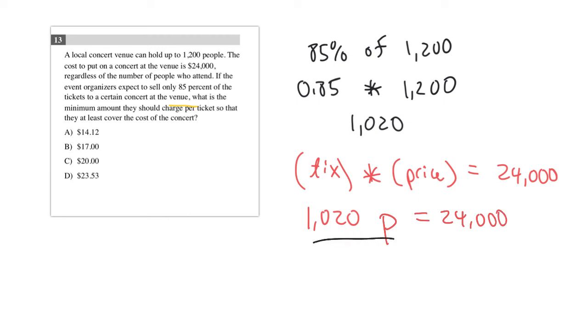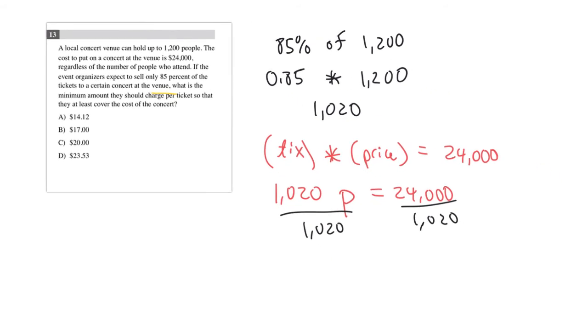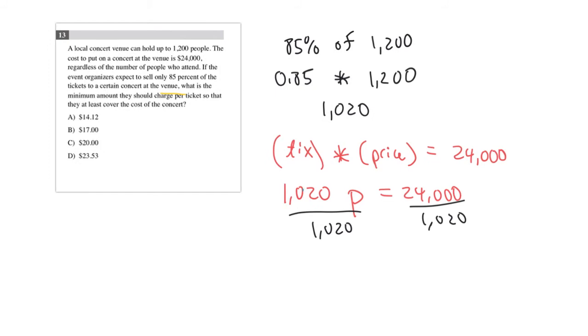And at that point, you can divide both sides by 1020. And of course, that would cancel those. And then we have P equals 23.529411, and it goes on into decimal land. That's what we get when we divide both sides by 1020, and we're dealing with price, so we're dealing with dollars and cents.